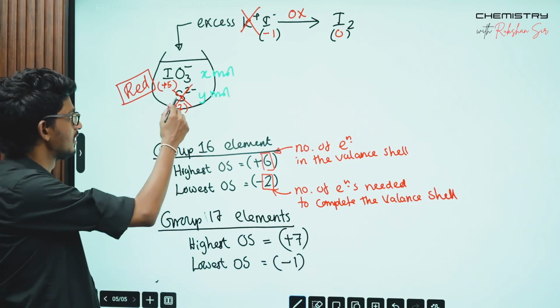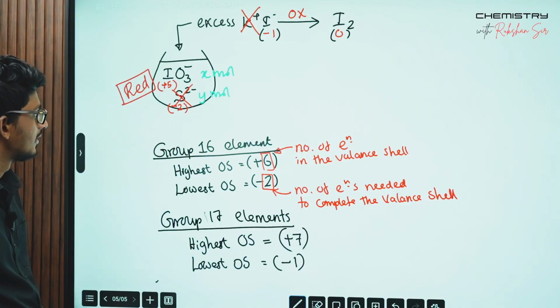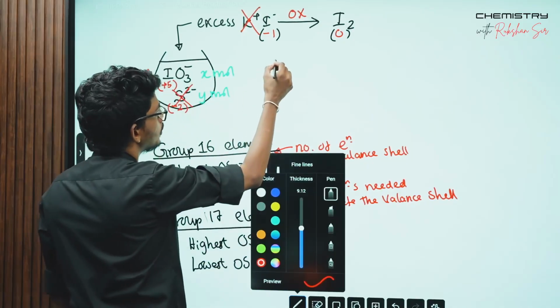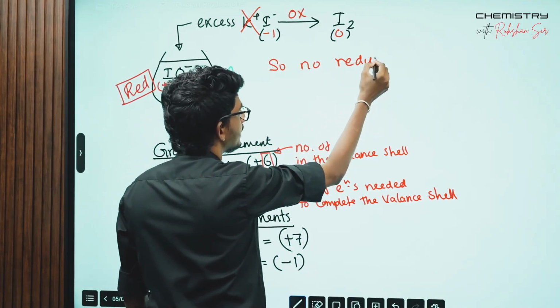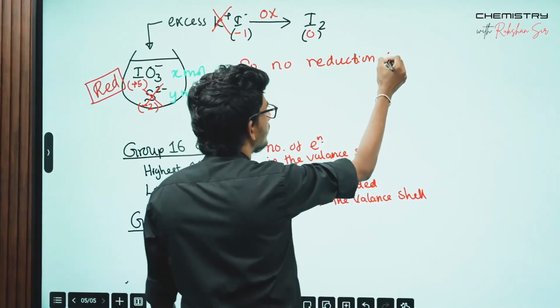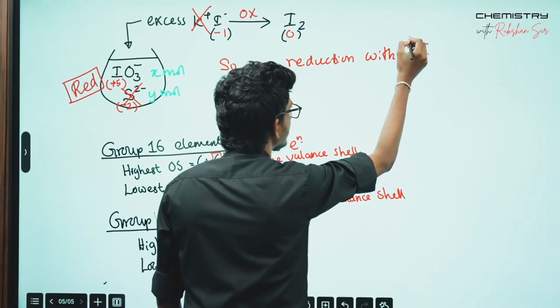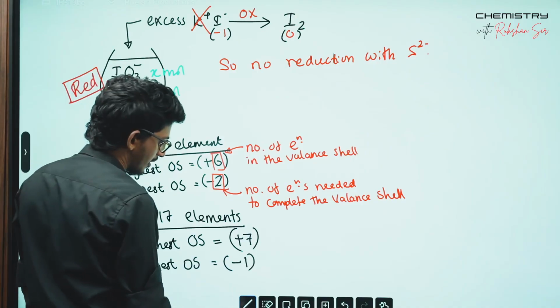So no reduction is possible with the sulfur, this S2 minus. What about the IO3 minus?